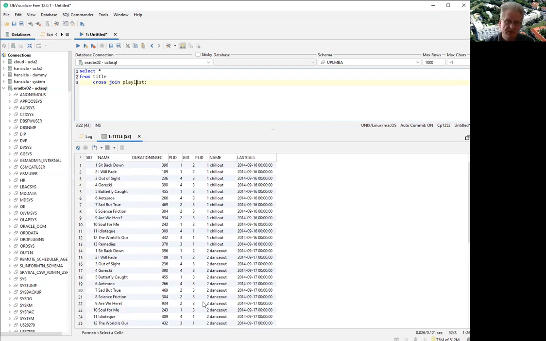But we have a further operation that we could apply on this resulting table, namely the filtering. We could filter out interesting combinations.